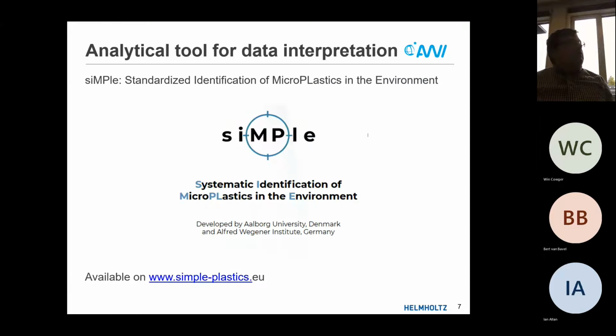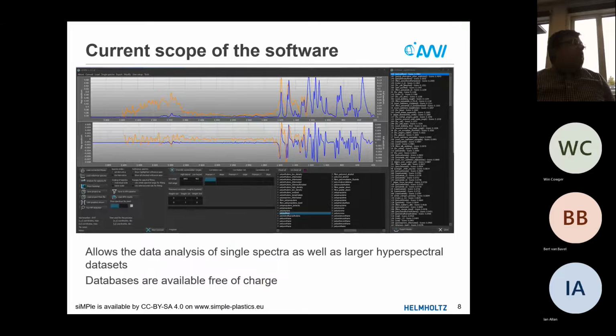So if you have now your sample, well, how to do? You can then also use siMPle. So if you want to download siMPle, you find it here. This can then do the whole analytical process from spectral comparison for you.